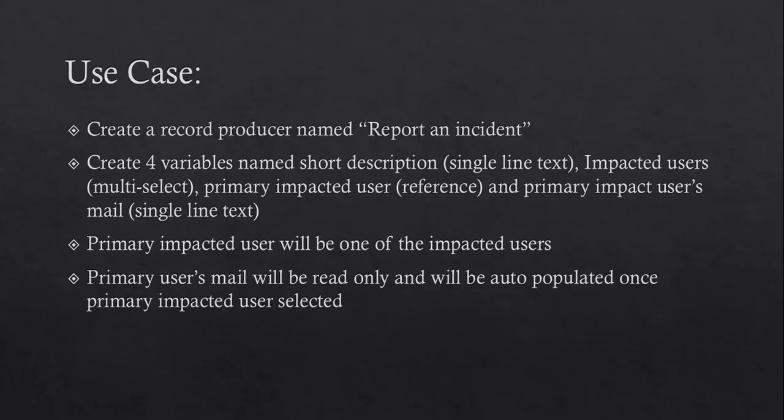Some conditions are also there. The primary impacted user will be one of the impacted users, meaning whichever impacted users we select, the primary impacted user will be only one of them, not the other ones. The second condition is that the primary user's email will be read only and auto populated once the impacted user is selected. So let's go to the instance and try to implement it.